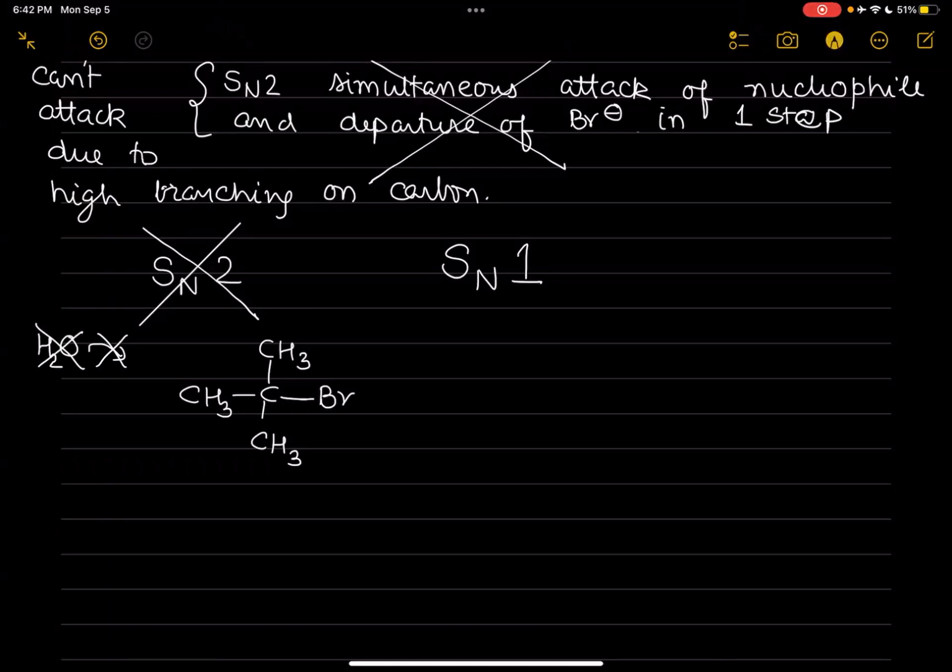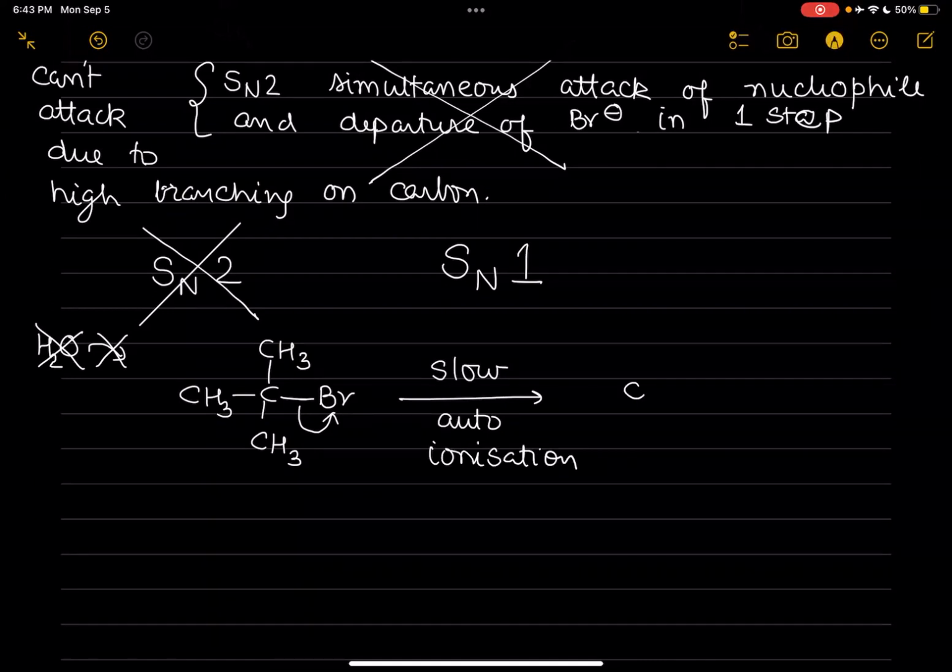Imad, actually the Br is electronegative. Okay. And because the Br is electronegative, it has a tendency to pull electrons towards itself, because it is a non-metal. Right, Imad? Yes, sir. So it undergoes slow ionization. Okay.